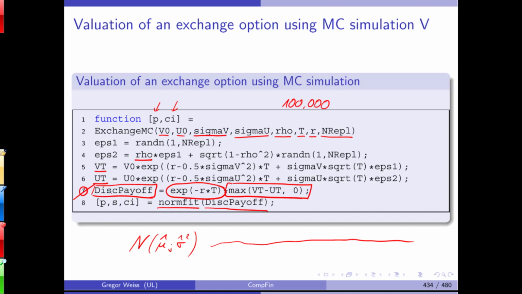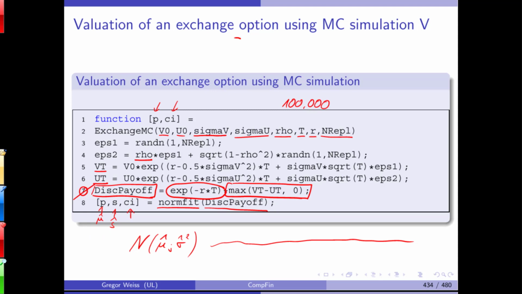It takes this payoff, this vector, as a sample, and it fits a normal distribution to it. And what we then get is P, that's mu hat, S, that's the sample standard deviation, and what is CI?